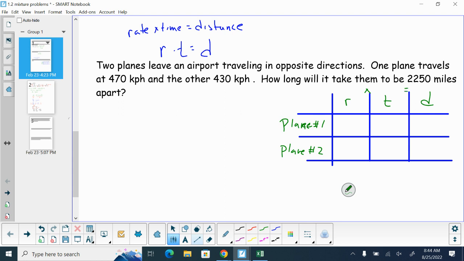In all these tables, I will be able to multiply across the top to equal my last column.